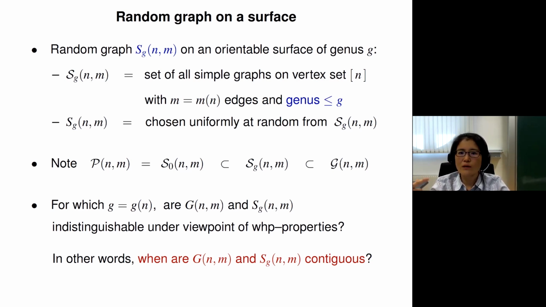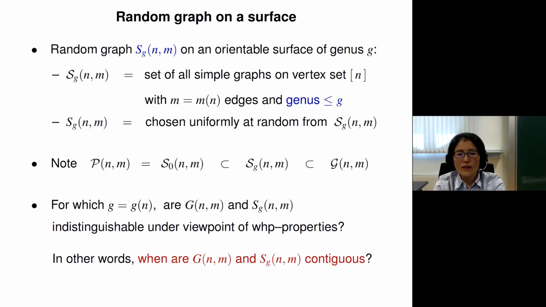In other words, a graph with genus at most g. A planar graph can be embedded on a torus, so it's inclusive. So S_g will be the class of all graphs with genus at most g. In other words, the graphs that are embeddable on an orientable surface of genus g.